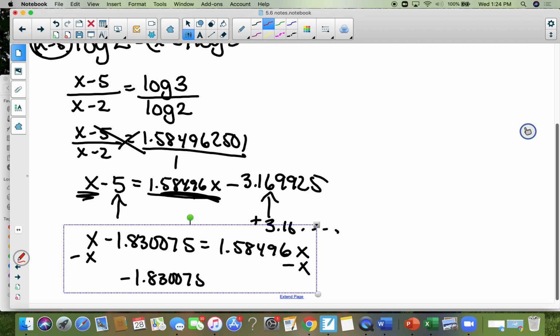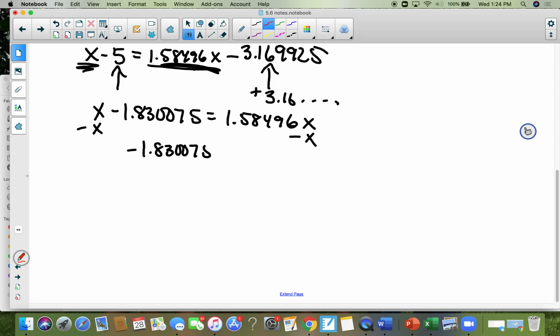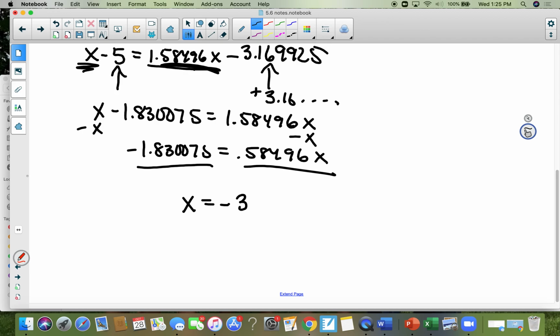If I subtract 1, I'm going to get 0.58496 x's. To get x alone, I have to divide both sides by 0.58496. My final answer is a negative 3.129. So this takes a lot of writing little decimals down.